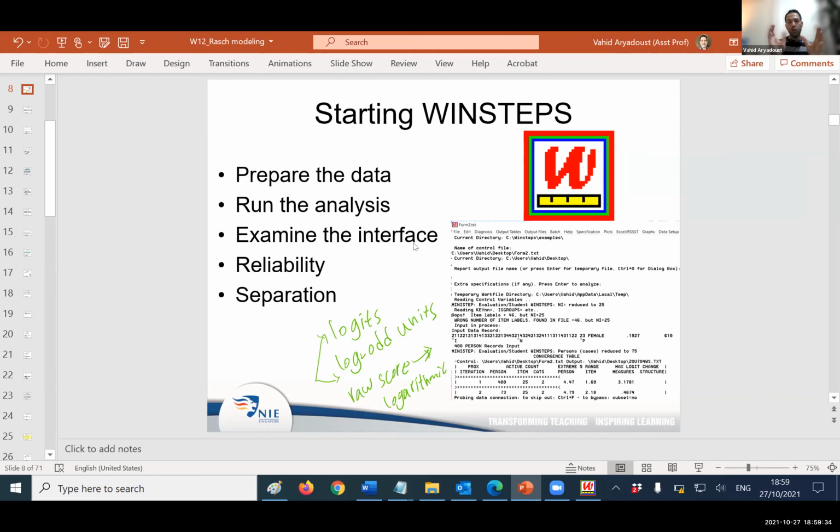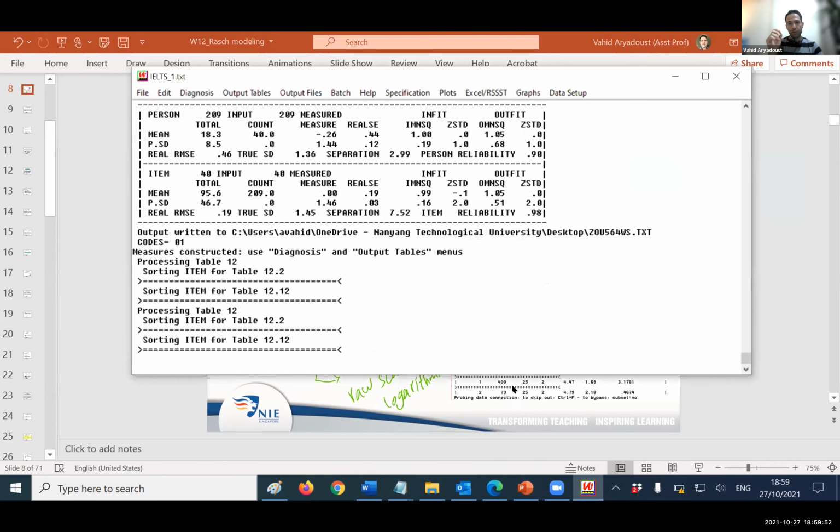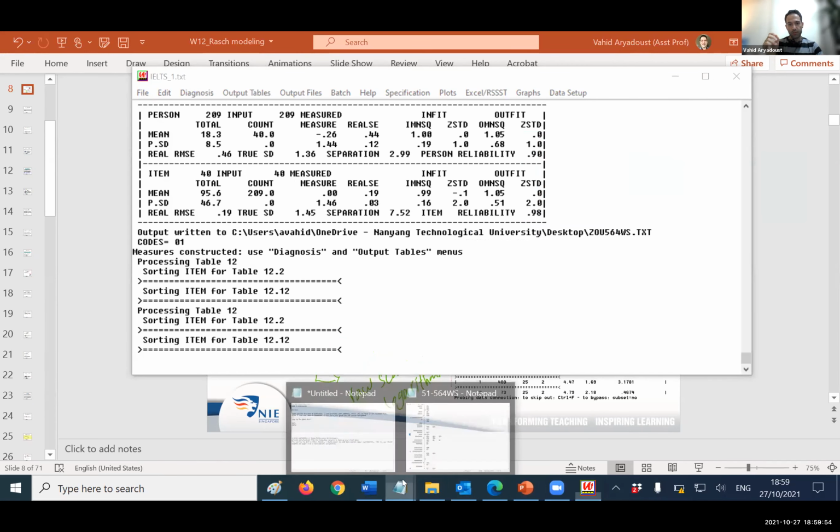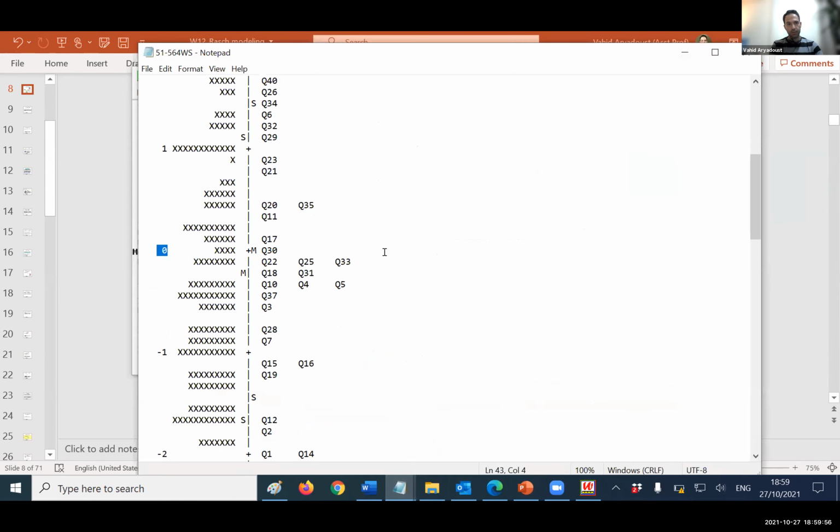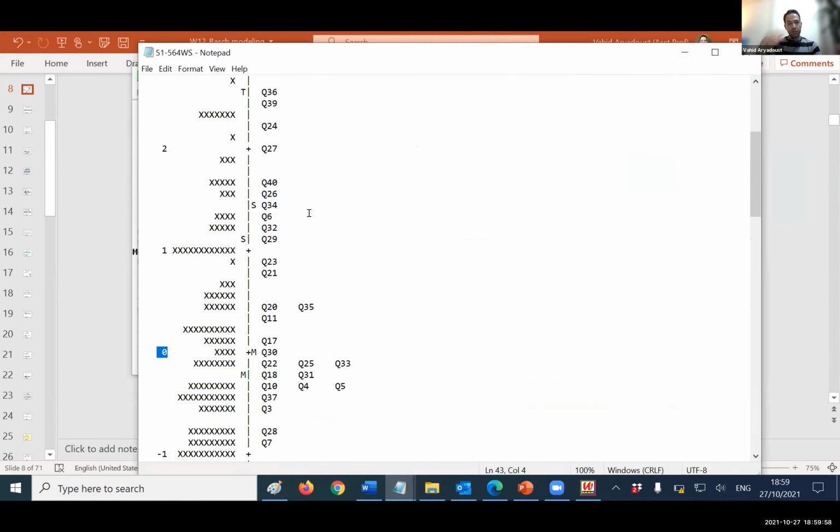So what logits do is to shrink the numbers. Currently we have 40 items, so you can have any score between 0 and 40. Logits shrink them. And one of the cool things about logits is, not only does it shrink them, but also the units become the same.